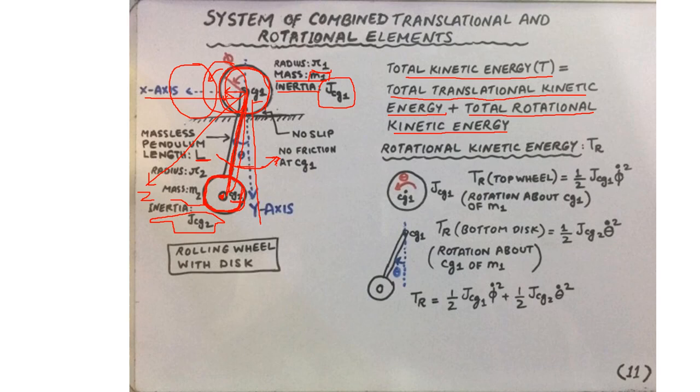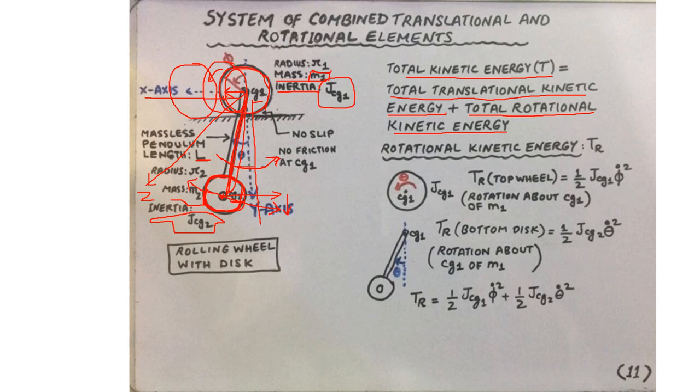That is because the bottom disk has a tangential velocity in this direction, and this tangential velocity vector can be decomposed into the velocity vector along the x-axis and the velocity vector along the y-axis. And we shall further explore this decomposition in the next slide.